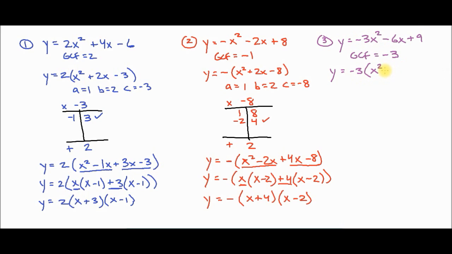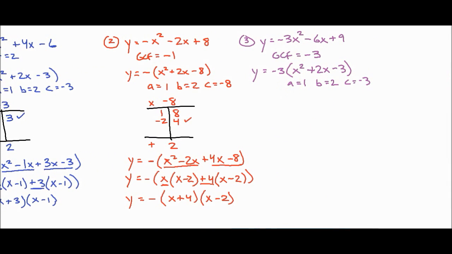Negative 3 times positive 2x gives me negative 6x, and negative 3 times negative 3 gives me positive 9. So I've factored out the negative 3. Let's identify a, b, and c. A is equal to 1, b is equal to 2, c is equal to negative 3. I'm going to scroll over a little bit here.